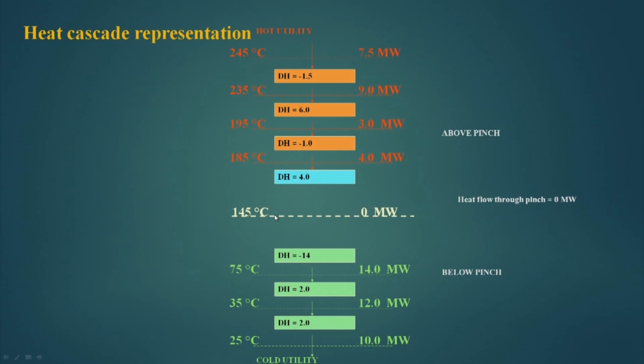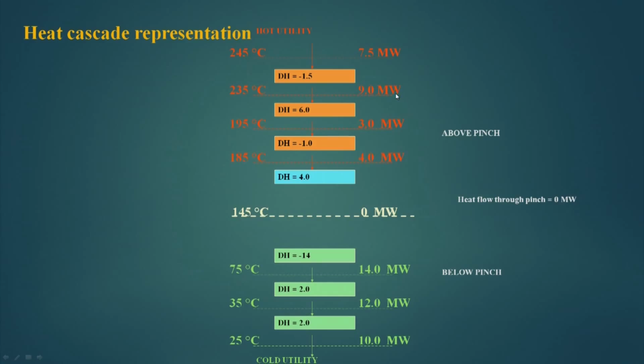That is why we say that pinch divides the problem into two parts, and both parts are in thermal balance. Here the heat available with the hot streams plus the hot utility is equal to the heat required by the cold streams. Similarly, here the heat available with the hot streams is equal to the heat required by the cold streams plus cold utility.